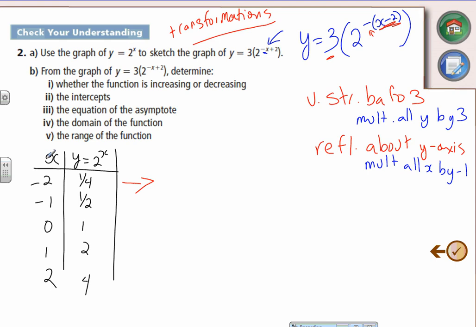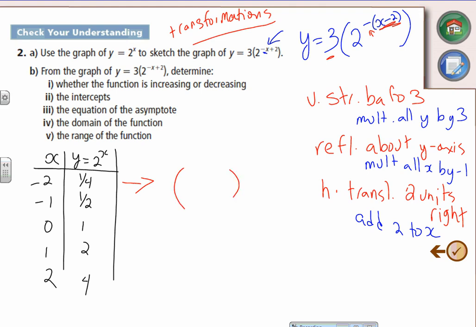And then we're on to our translations. There is no vertical translation, but there is a horizontal translation. And that's 2 units, and it's going right because we factored out that negative. That means in English, add 2 to the x's. Well, let's do that. First of all, take our original point of -2, 1/4.